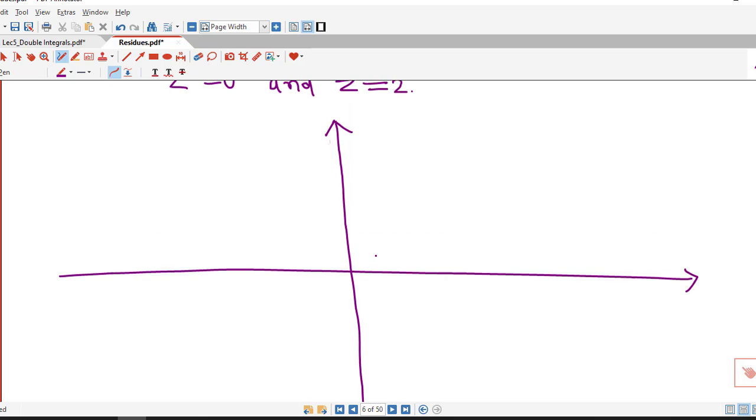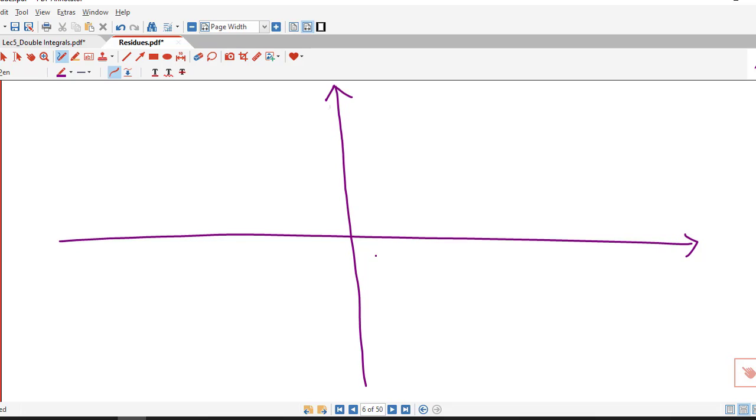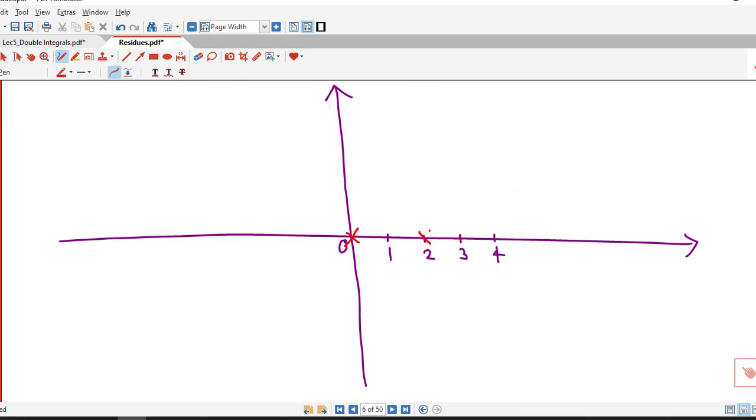The function is not analytic at z equal to 0 and z equal to 2. So first we consider an appropriate scale, and this is say z equal to 0. Suppose this distance is 1, this is 2, and 3 and 4.